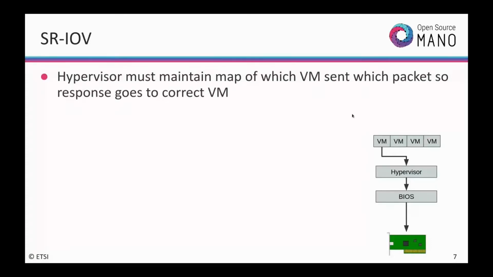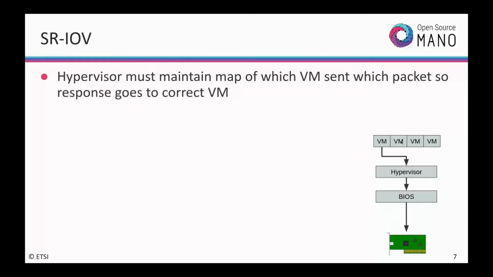There needs to be a map of what VM generated what traffic. If you look back to the firewall, where I said we've only got one point of egress on the internet, the exact same thing happens inside of a computer.